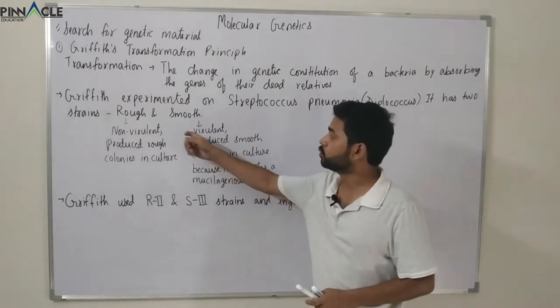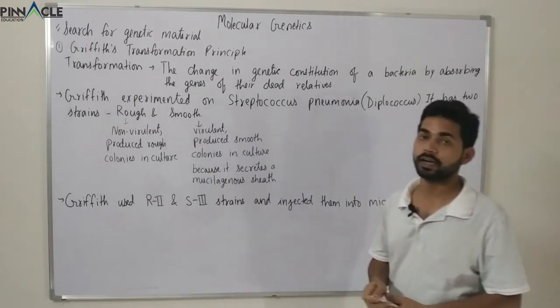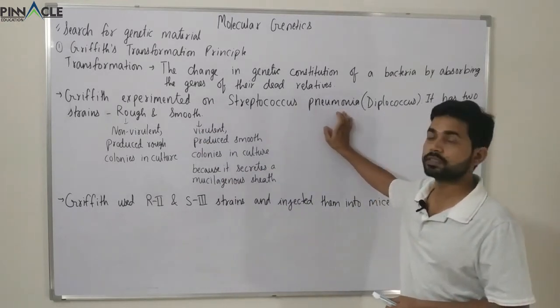The smooth one can cause a deadly disease called pneumonia, which is why its name also includes pneumoniae.